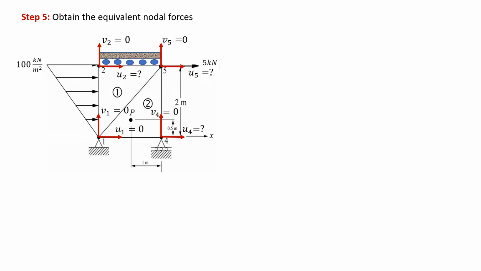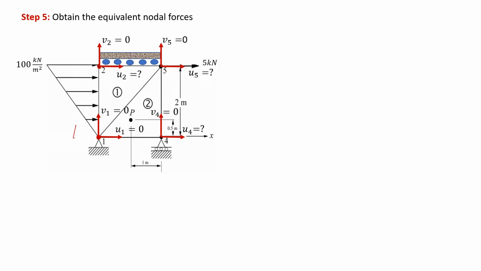As in this problem, there is a linear varying pressure acting at this side between node 1 and node 5, with the minimum pressure acting at node 1 and the maximum pressure acting at node 2. Besides that, we can notice that this pressure is already applied in the global direction.